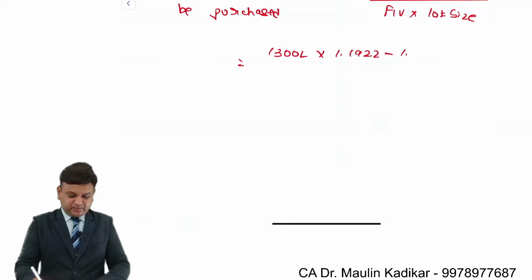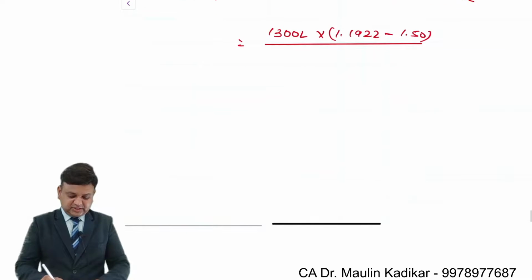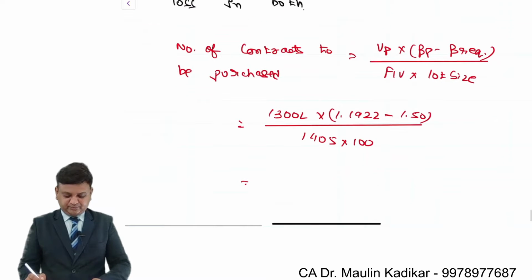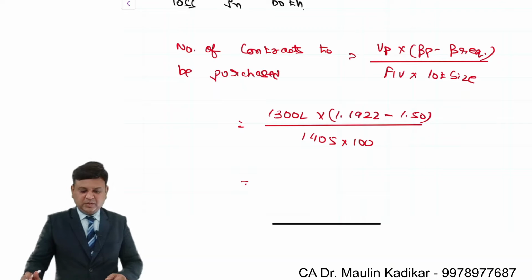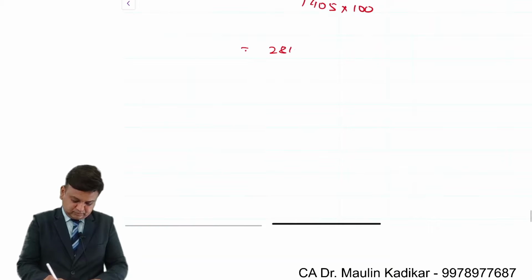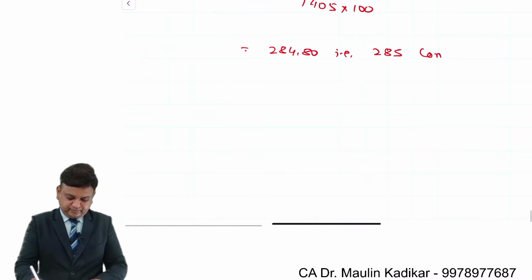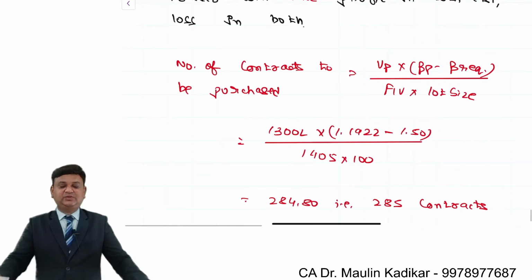It is 1.50. The whole divided by futures index value 1405 into 100. So 284.80, that is 285 contracts. These are the number of contracts which are required to be entered upon.